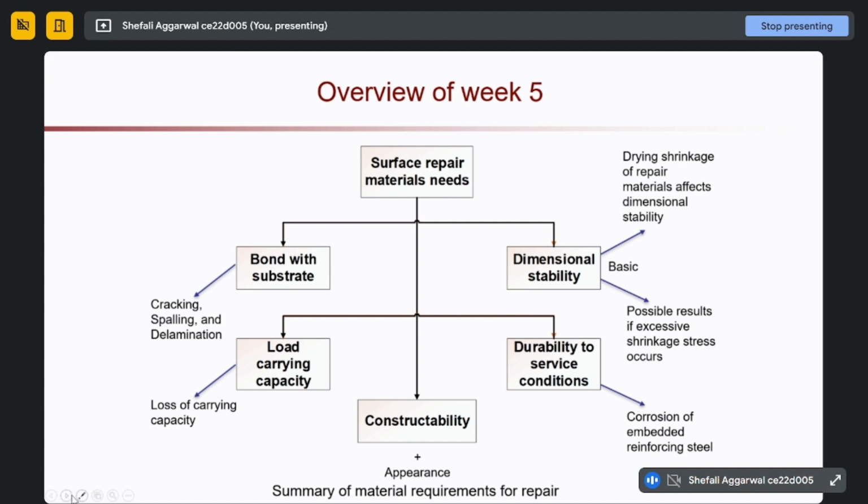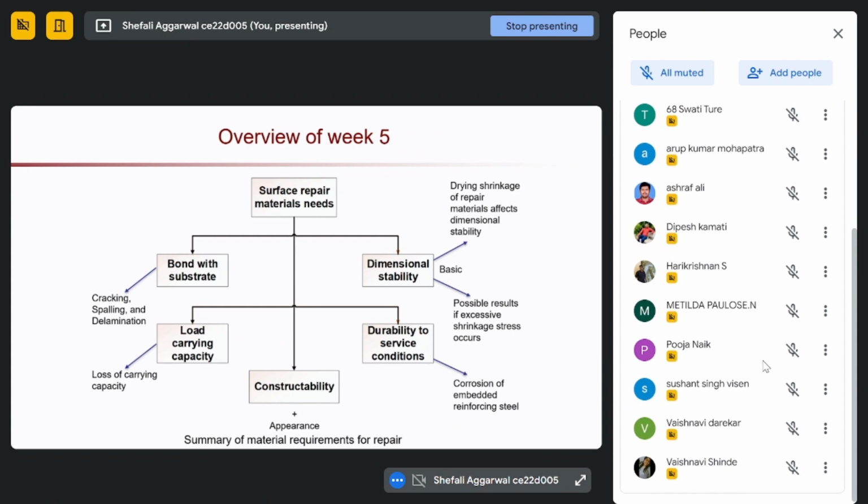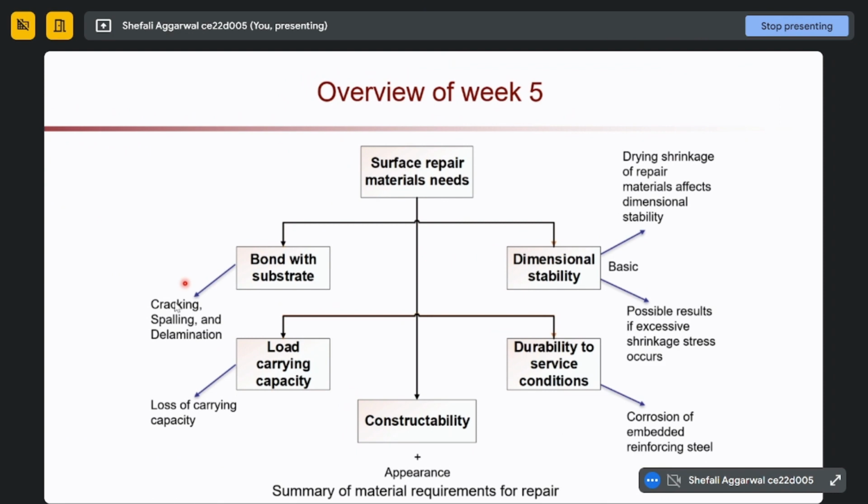If not, then we will go to the question and answer for this one. If it's clear to everyone, then we will go to the questions.